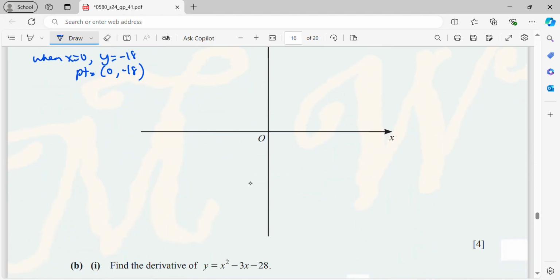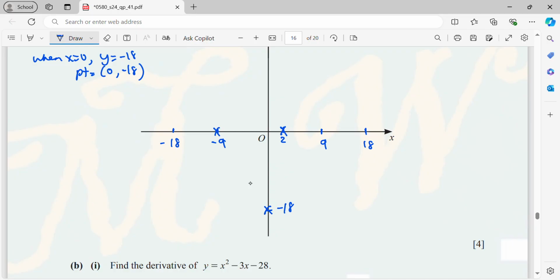So here, probably this is minus 18. I just simply sketch. That means here is minus 9. Okay, so here 2, minus 18, and minus 9.